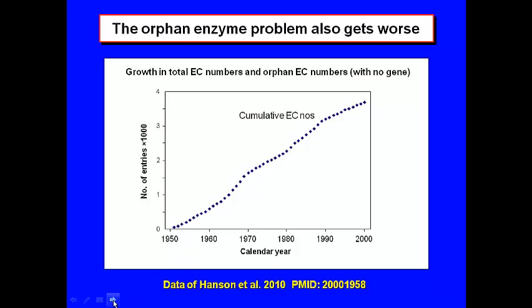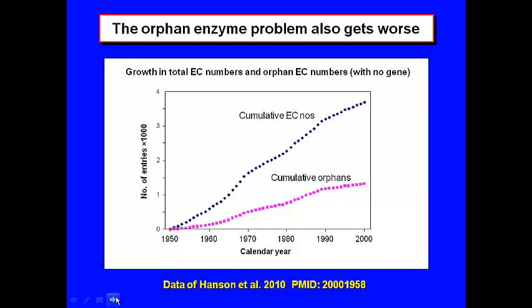But look at the plot for orphans. The number of orphans is still going up, so we're still discovering enzymes that aren't being hooked to genes. So this brief overview is to give you a visceral feel for how much is to be discovered out there, both in terms of functions for all the genes that we don't know and genes for all the functions that we do know but don't have a gene.